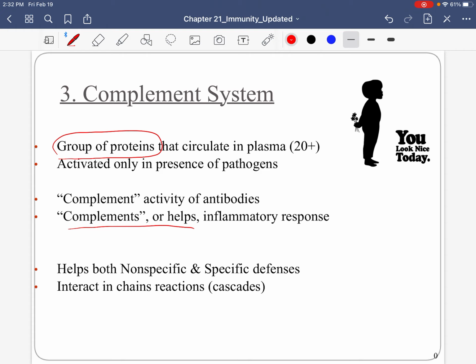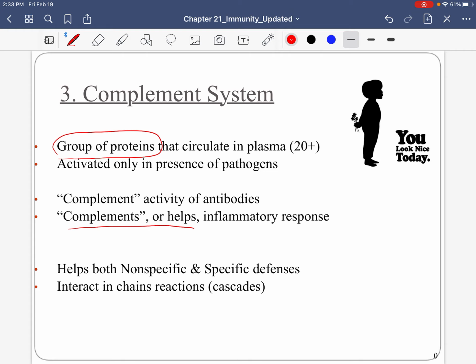Let me say that again. The complement system is a series of these specialized proteins. And what we're going to talk about in a minute, what they do is they complement or help the immune system do what it's already doing. So it's not so much that this is a whole new mode of killing, but these complement proteins complement what's already going on.